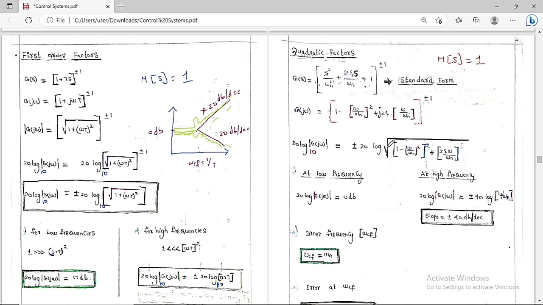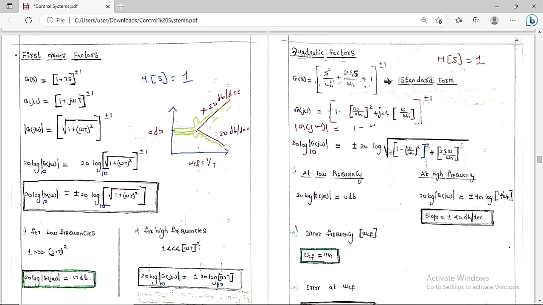So this is basically a small correction here. I have not written the magnitude format for g of j omega. So what is the magnitude format? The magnitude of g of j omega, h of j omega is equal to, we can say like this: this is the real part and this is the imaginary part.